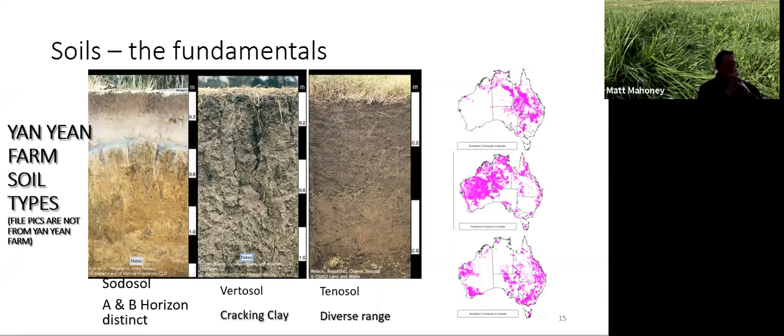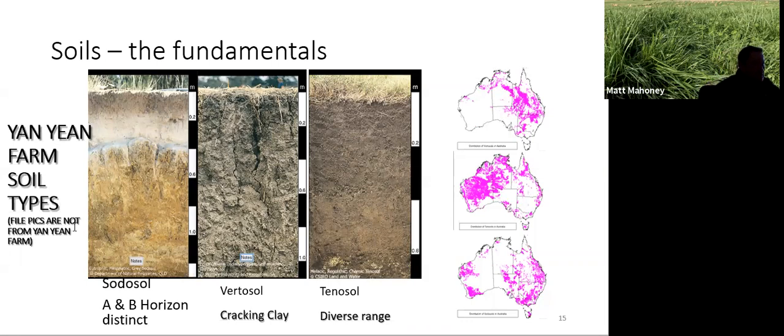Here are some pictures of different soil types. These aren't pictures from out at Yan Yan, but they're typical of the same soil types that you would find out there.